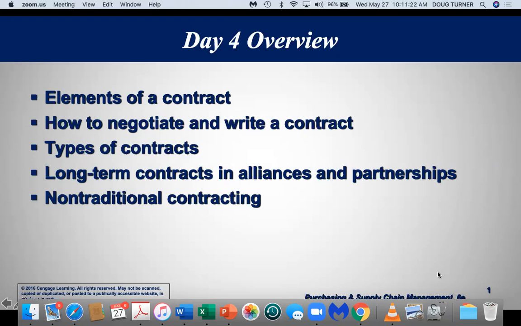And I want to spend a little more time with that because it's not something that most people know very much about. We tend to think of only one kind of contract when we're doing buying and selling. And it just so happens I have experience with several different kinds of contracts, managing them as a contract manager.